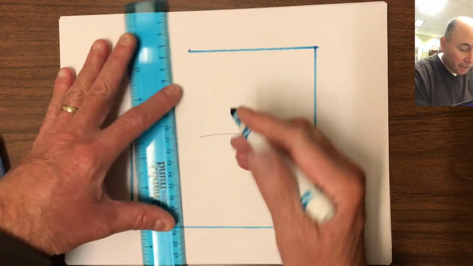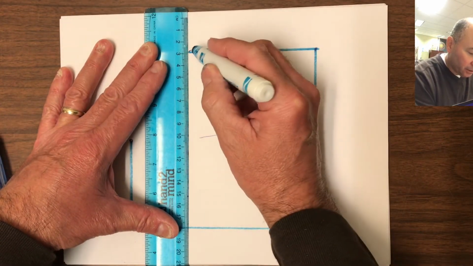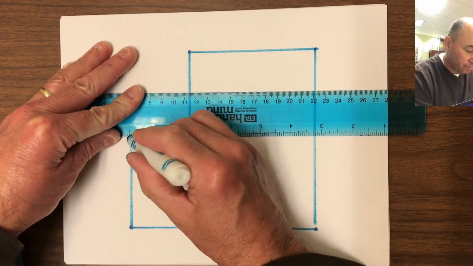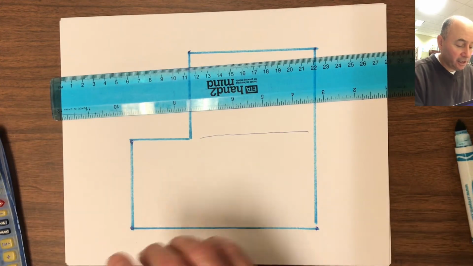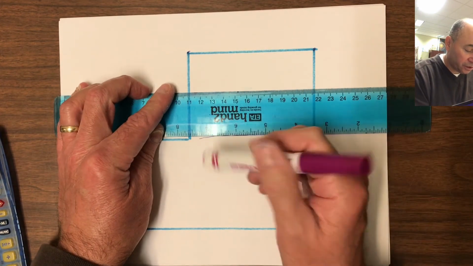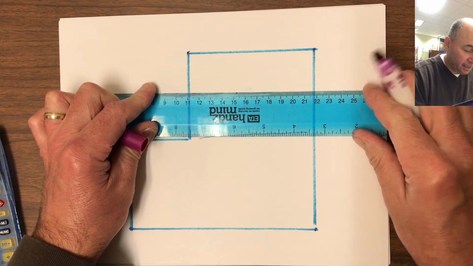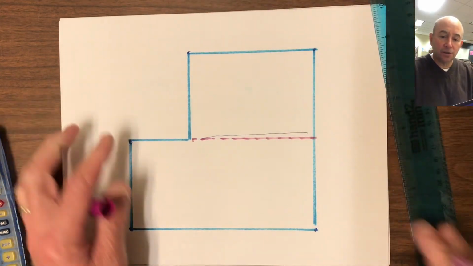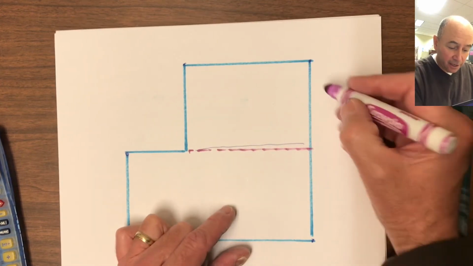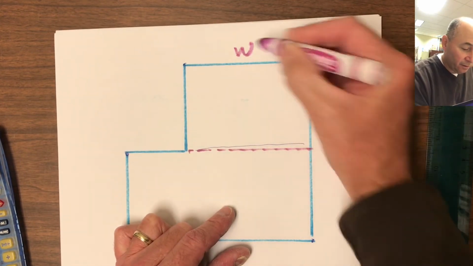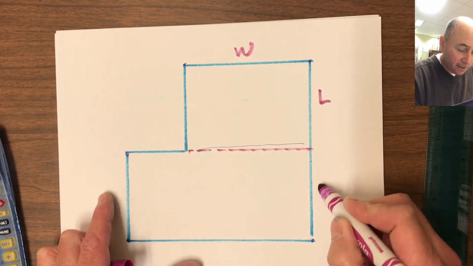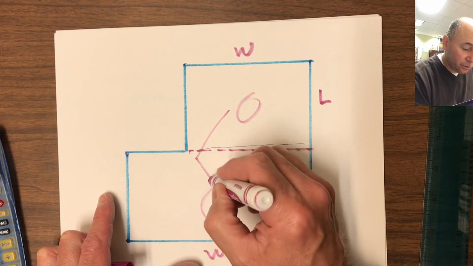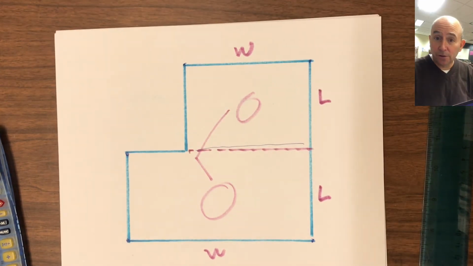That's up to you. This is just a little bit easier because then you can decompose the shape and turn it into two easier-to-work-with shapes. Now all you'd have to do is find the length and the width of this one, and then the length and width of this one, and add those two together.